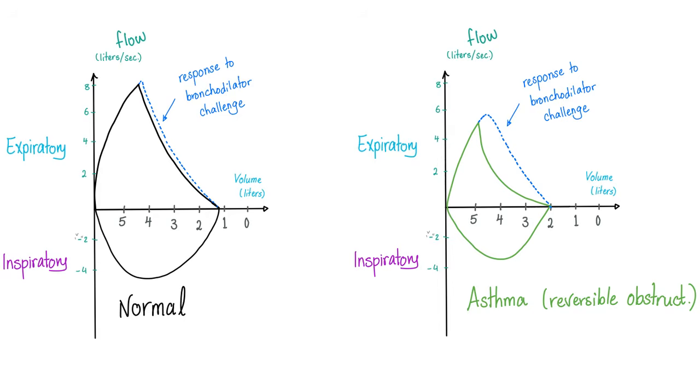But now look at asthma. Look at this improvement. This is a significant increase, even in the peak expiratory flow rate. This is increased in this curve. There is no coving anymore. That's asthma. This is never COPD.